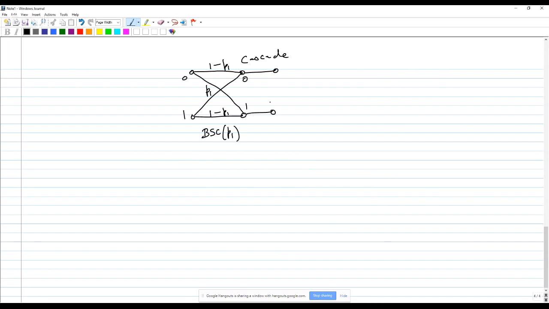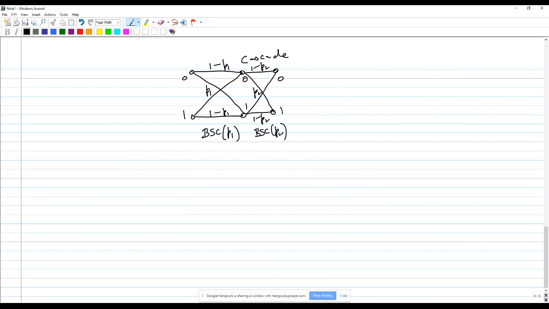You might want to consider a situation where you have a cascade of two transition probabilities like this. So BSC of P1 and BSC of P2 are cascaded. If you cascade, what would be the overall channel?